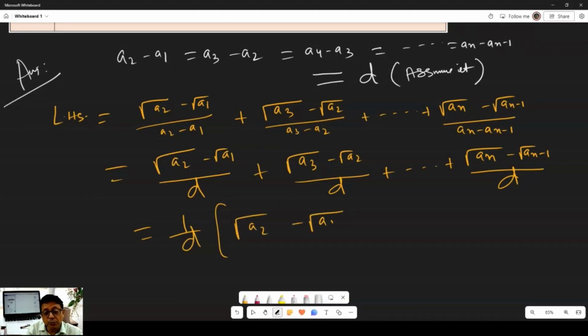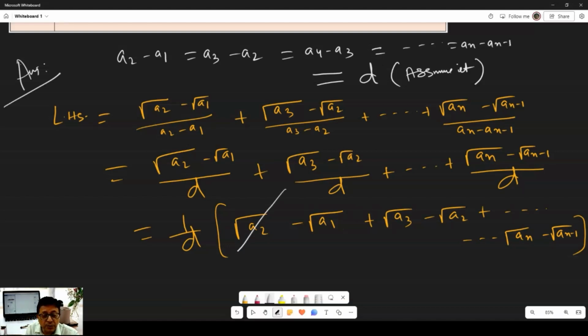We are getting this telescoping form. What is a telescoping form? A telescope unfolded, its size is large. When it is folded, the size will be small. When you have written it in this manner, you can see we have the right to strike some terms out, isn't it? These all are getting cancelled, except this one and this one.